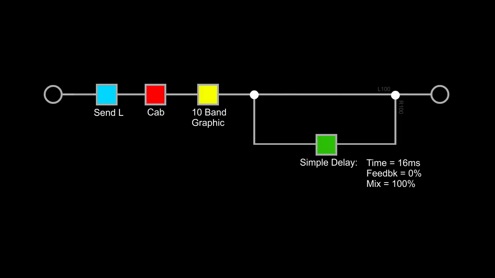Some delays don't have much built-in control over the stereo field, but you can still use any delay block if you place the delay on path B and pan the two signals left and right at the mixing block. This is the simple delay, which I think gives a warmer sound compared to the stereo delay block.